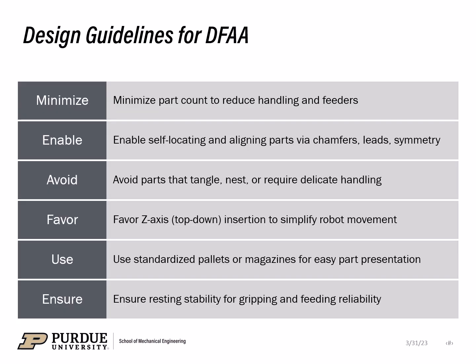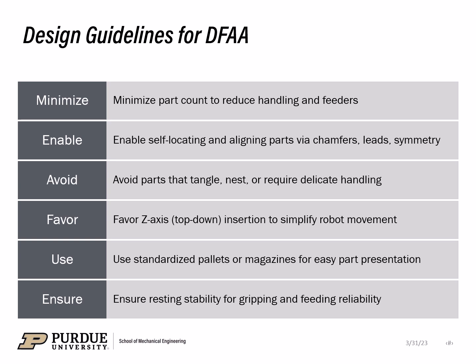With that in mind, let's go through some key design guidelines for DFAA. The first is to minimize the part count. It simplifies handling and reduces opportunities for failure. Secondly, make these parts self-aligning using things such as chamfers, tapers, or symmetry. These features are going to help guide the part into place even if there's a slight misalignment. Third, avoid parts that tangle, nest, or require rotation during assembly.